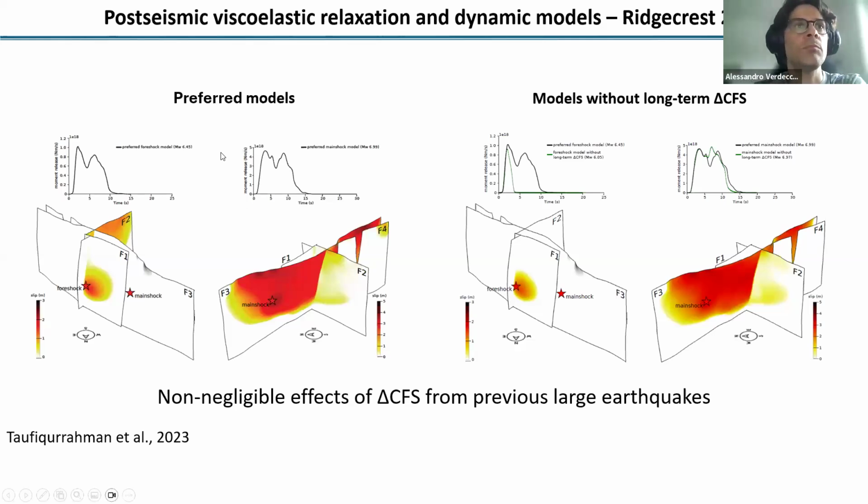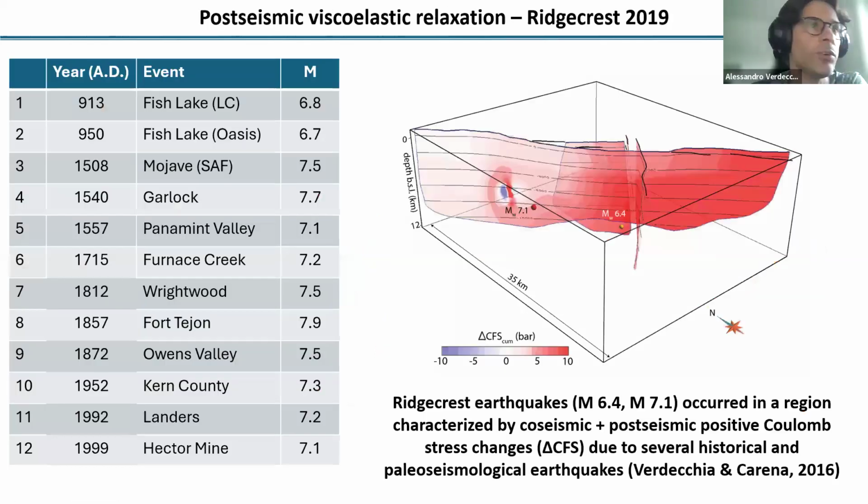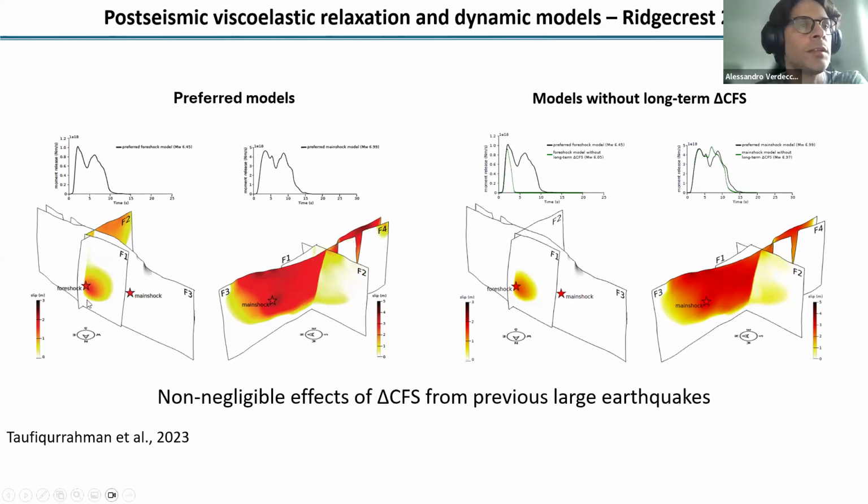You can see here their preferred models, so basically the models that fit their observations better. This is the foreshock event, so the first event, the 6.4, sorry, with slip distribution on two faults, F2 and F1. And this is the second largest event, involving the largest fault, F3, and also partially F2 and F4.